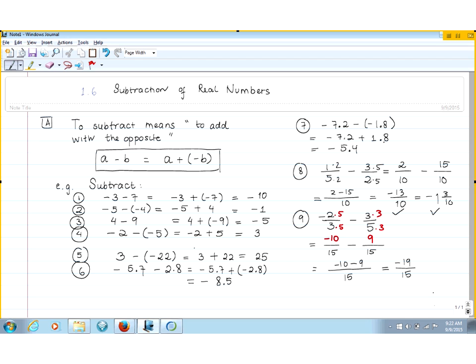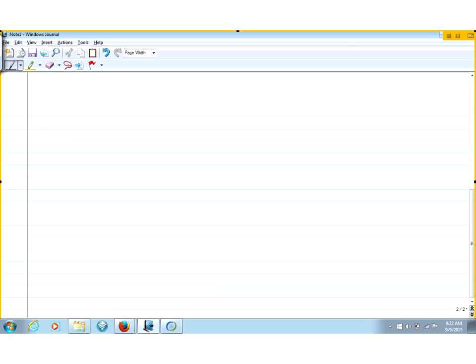Yeah. Who is still confused about addition and subtraction of real numbers? Anyone? No? So I could just do it really fast. So what about if we have, for example, simplify.